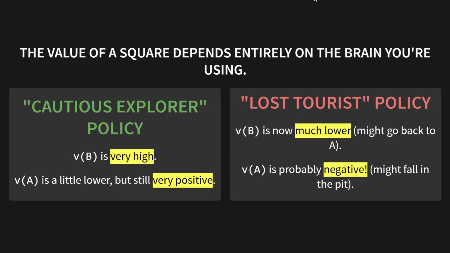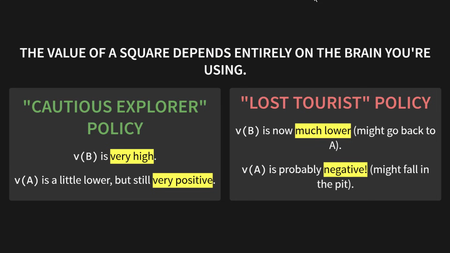Let's look at our two personalities. For the cautious explorer, the value of B, or V(B), is very high. You're guaranteed to get to the goal. And V(A) is a little bit lower, but still very positive. But what about for the lost tourist policy, where we move randomly? Well, V(B) is now much lower because you have a chance of going the wrong way, back to A, wasting time and money.